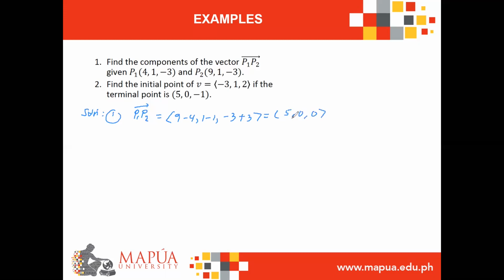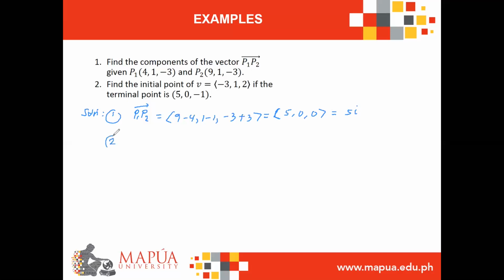So we have here the components of your vector P1P2 in bracket notation. If we are asked to find the ijk notation of this given vector, this will just be 5i. So it is expressed in terms of linear combination of the standard unit vectors i, j, k.